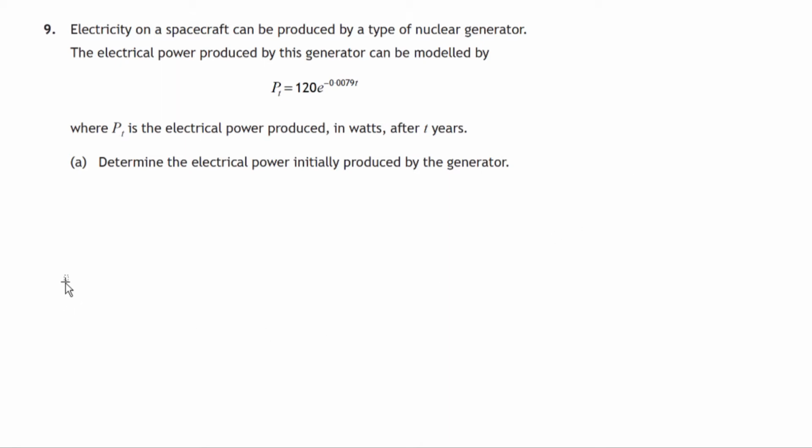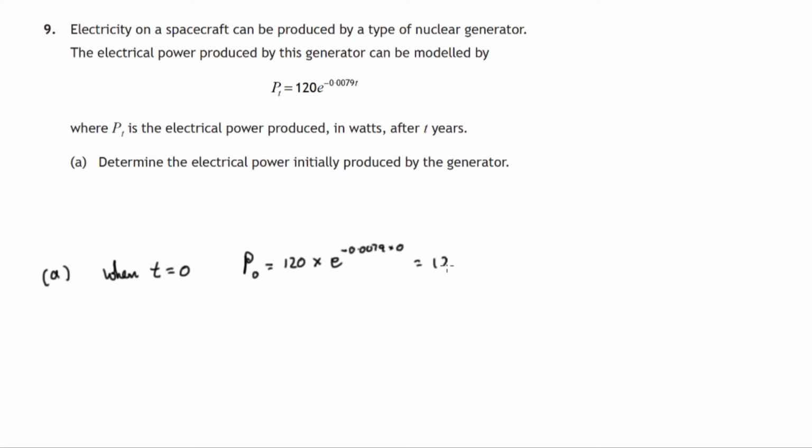So presumably after many years the generator will produce less power. First of all, it says determine the electrical power initially produced by the generator. That'll be before any time has elapsed at all. So when t equals 0, the power produced by this generator will be 120 times e to the negative 0.0079 times 0.